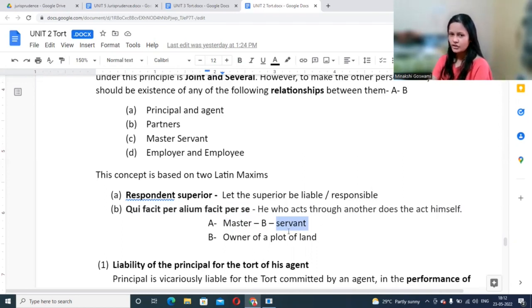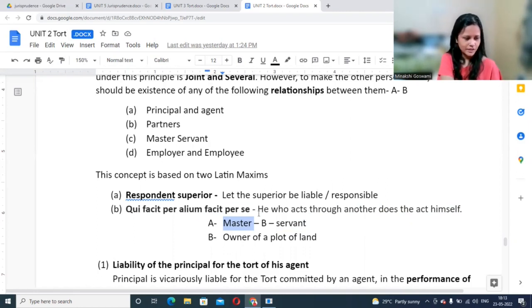So in such a case, it was the master who was giving the orders, who was giving the directions. So there is no point that we make the servant liable. Right? It was ultimately the master who was giving all the orders and everything. So rather, their liability be joint and several. Okay? Yes.